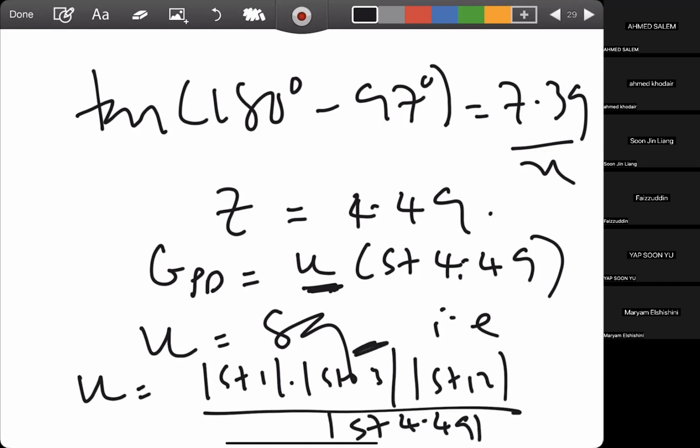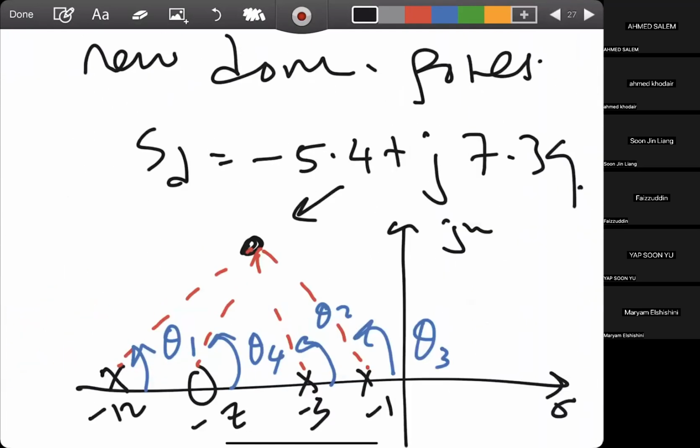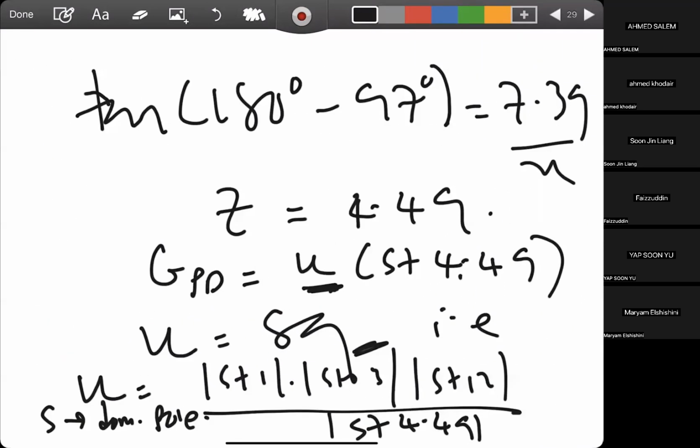The s value, s is the new dominant pole, which is this one. Insert this value inside here, then you will get 89.